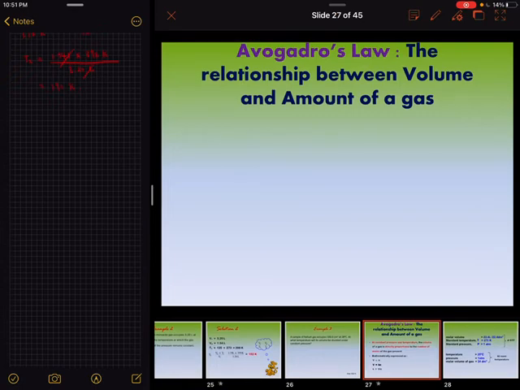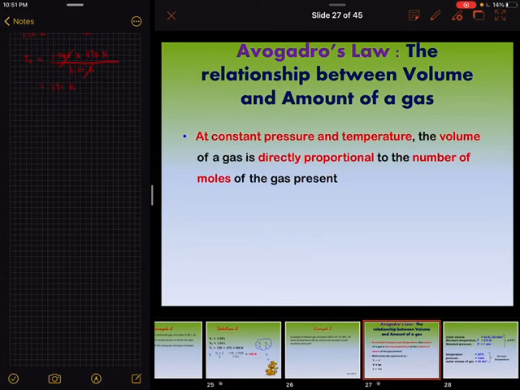So Avogadro's law states the relationship between the volume and the amount of gas, which is the number of mole of the gas, at constant pressure and temperature. Okay, and the volume of the gas is directly proportional to the number of moles of the gas.